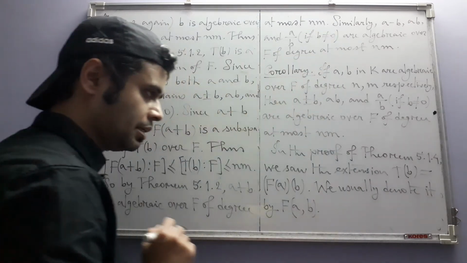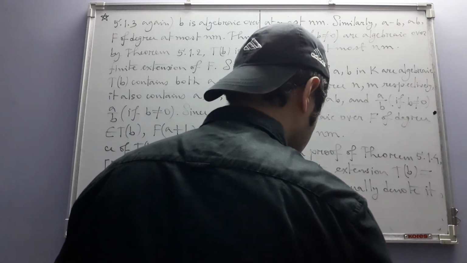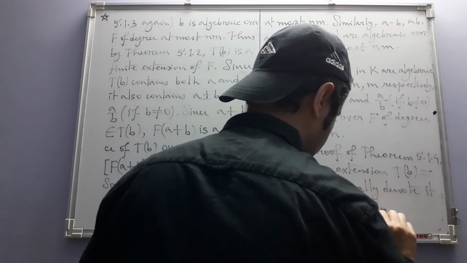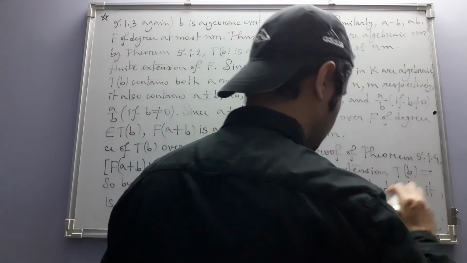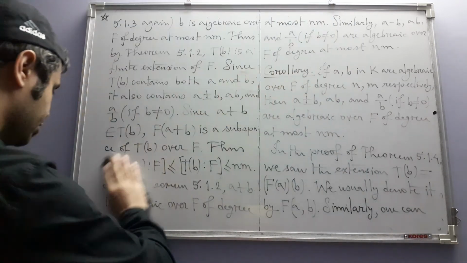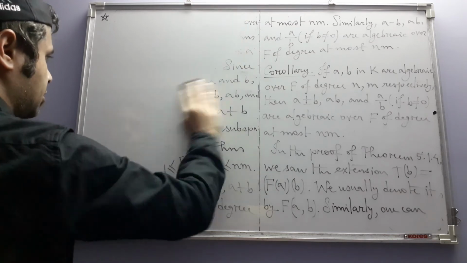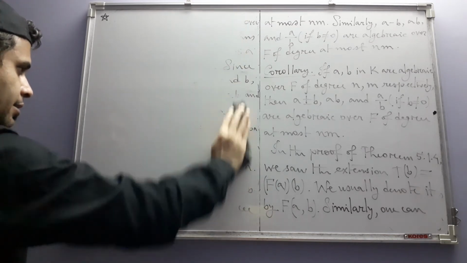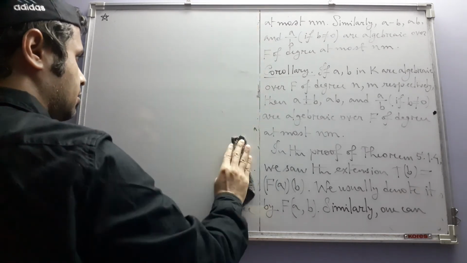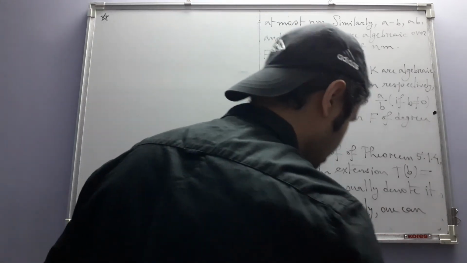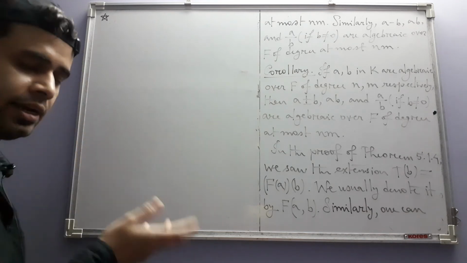That is denoted by this. Similarly, one can consider F(B, A), which is the extension of FB by adjoining A to FB.